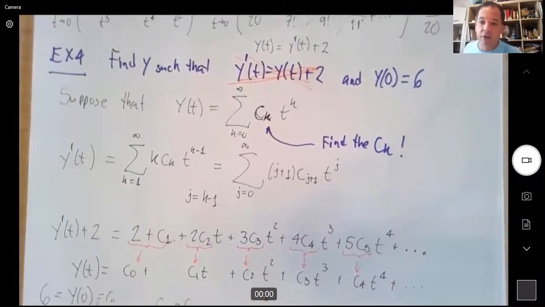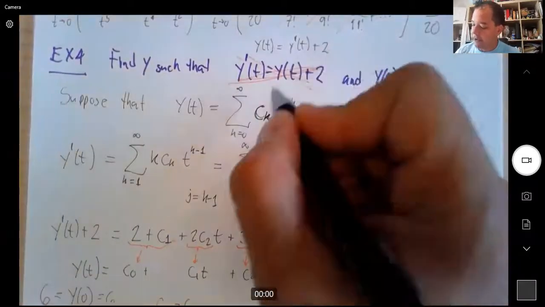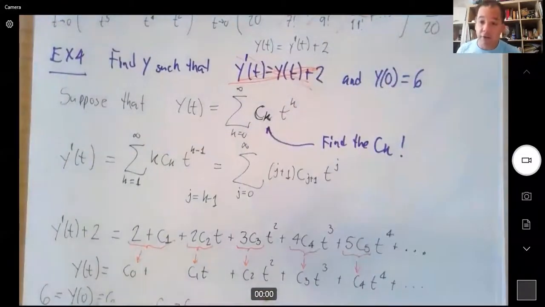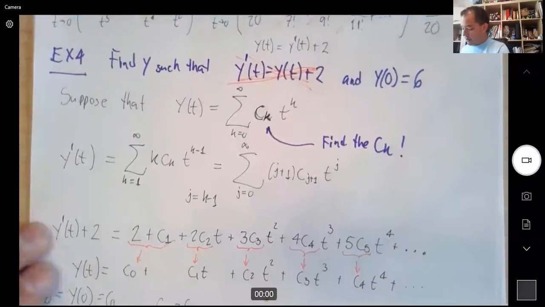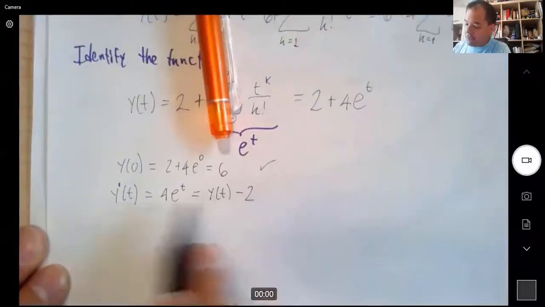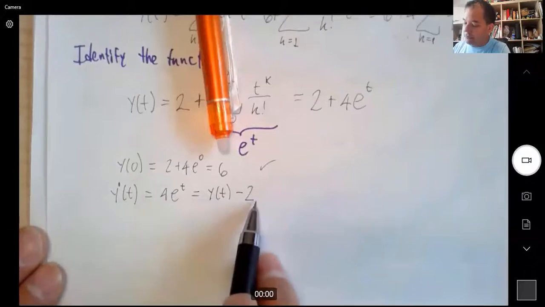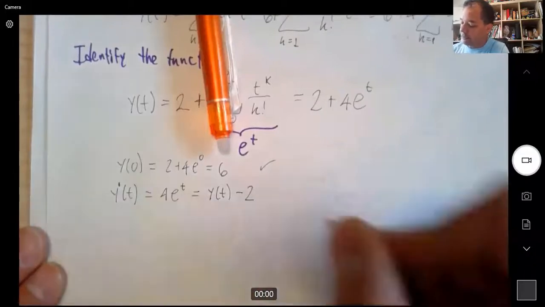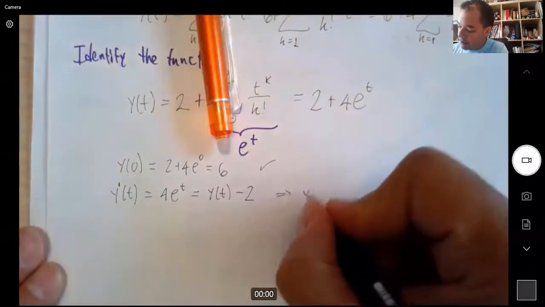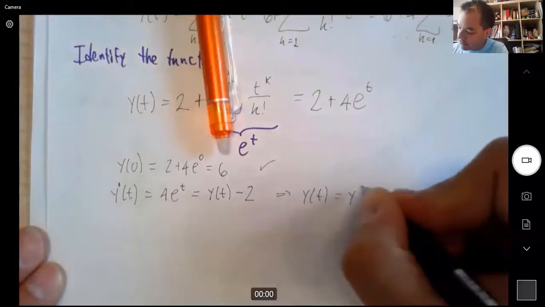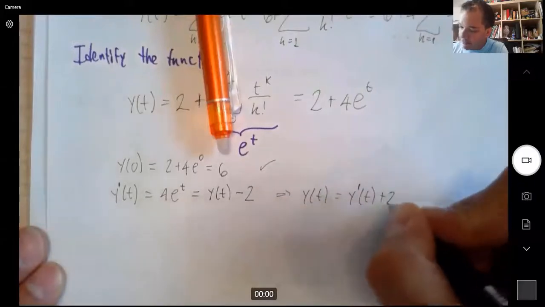I don't want to replace that little thing because then it's gonna affect all the other terms, but it's done the same way. All right. So our function satisfies this differential equation, that y prime is y minus 2, or y equals y prime plus 2. Okay, so that's the one that I used. Y equals y prime plus 2.